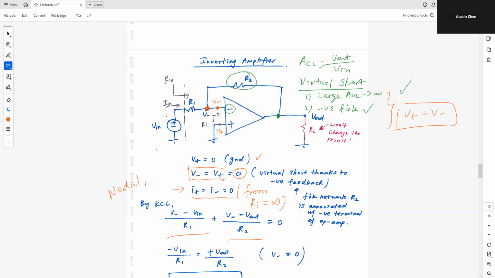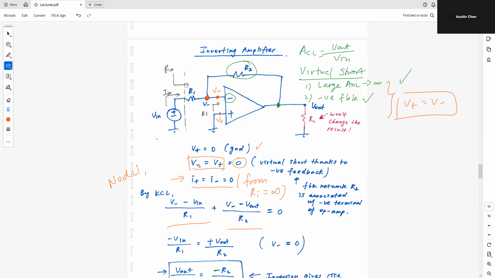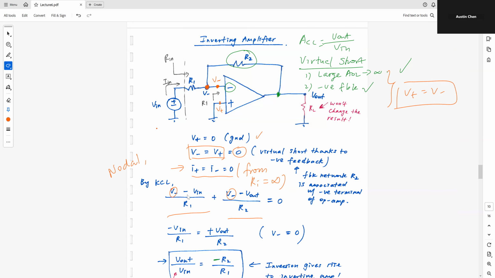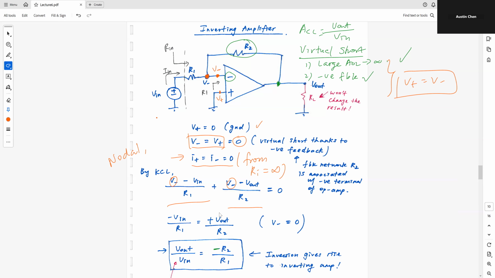We know from earlier, from the virtual short condition, that V minus is equal to 0, so I can say V minus is 0. So negative V in over R1 is equal to, you move this one to the other side, plus 0 minus V out over R2, and moving that to the other side you have positive V out.